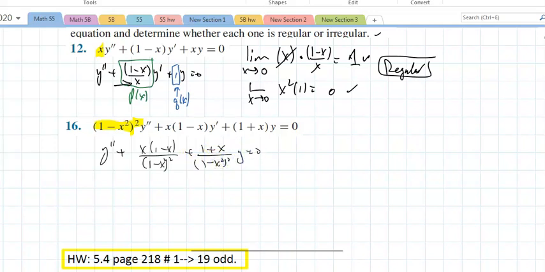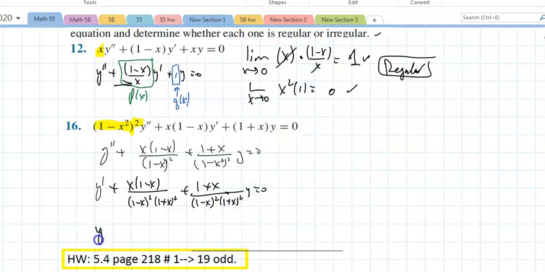Now here, there are some simplifications to do. This is 1 minus x squared, 1 plus x squared. This is 1 minus x squared, 1 plus x squared. Okay, this cancels with one of those. You pick a negative, right? Simple algebra.